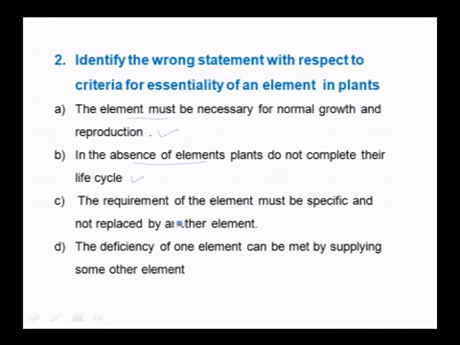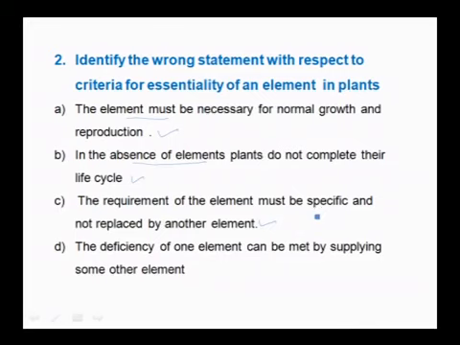The requirement of the element must be specific and not replaced by any other element. This is also correct, because the element which is essential for the development, we cannot replace with any other element.